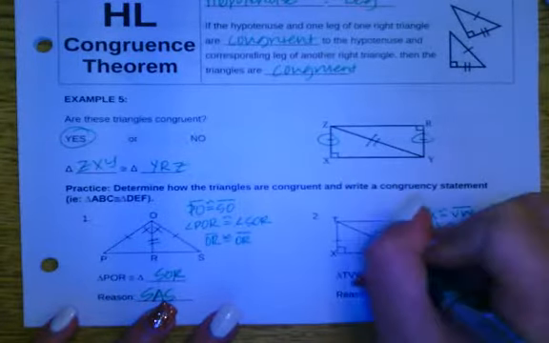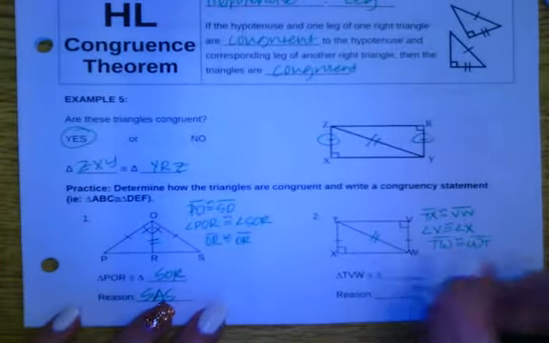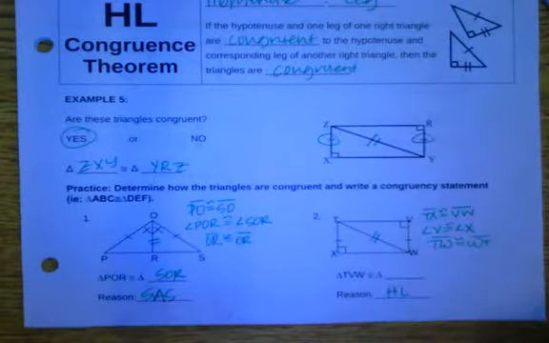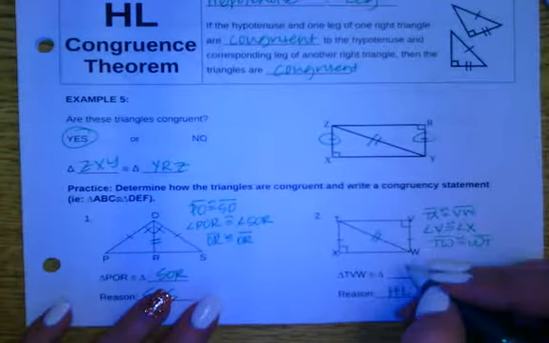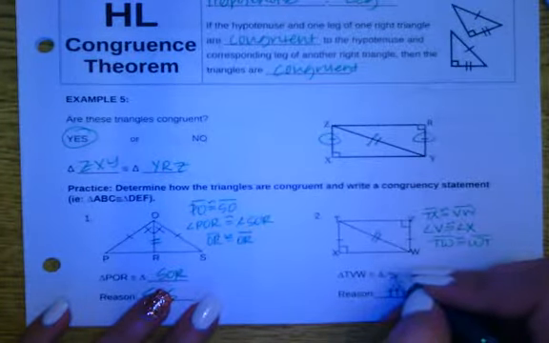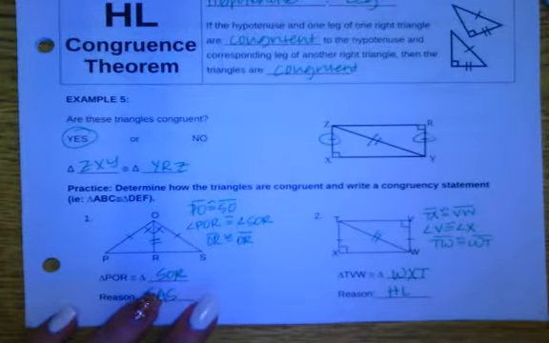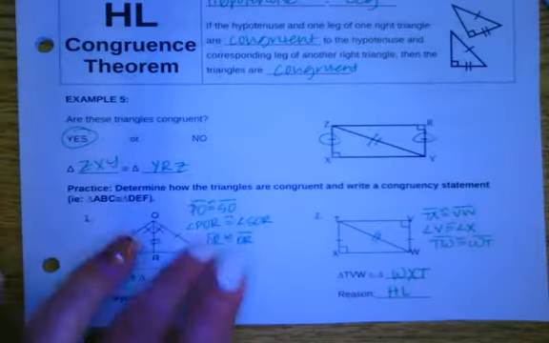So what's our reason? Hypotenuse leg. And what's my congruent statement? TVW is congruent to WXT. So over here I'm kind of writing little proofs without the reasons, just to get us in a habit.